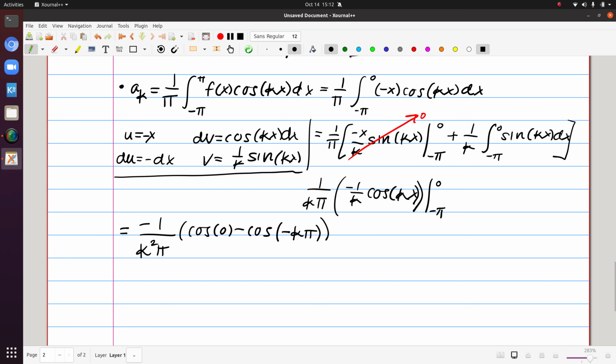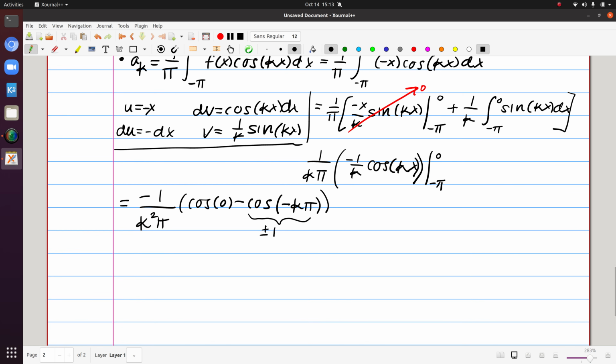Now, you could call that cosine of k pi because that's even, but what I'll point out is that that's either plus 1 or minus 1, for the very same reason that we said about cosine of k pi. So I know now that I can write this as a piecewise defined function where I want to distinguish between what happens when k is even and what happens when k is odd.